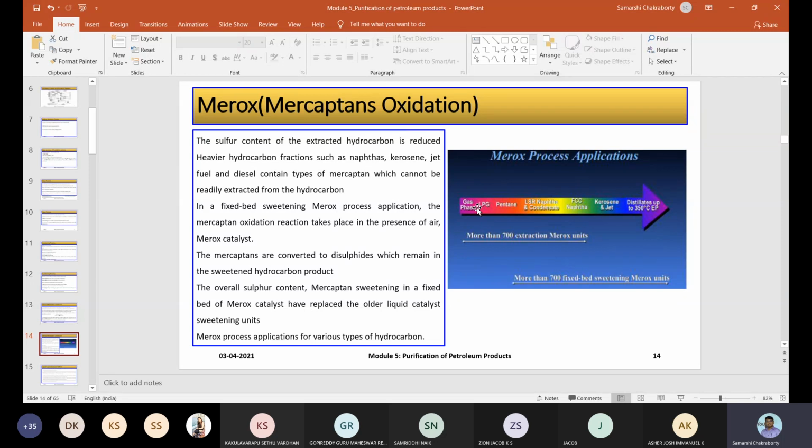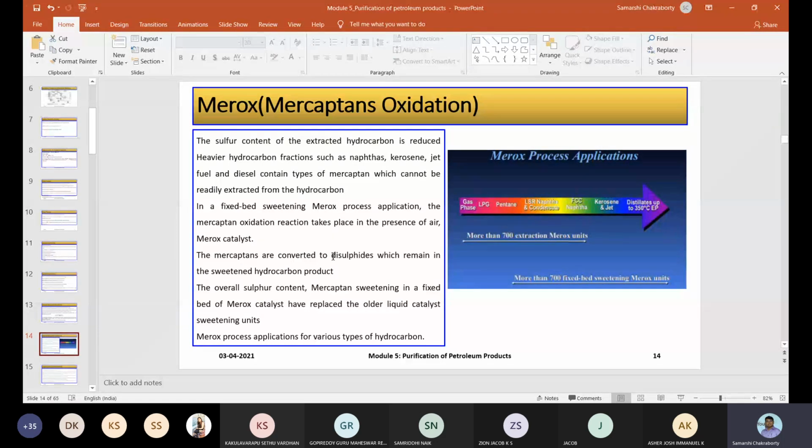Sulfur content of the extracted hydrocarbon is reduced. Heavier hydrocarbon fractions such as naphtha, kerosene, jet fuel, and diesel contain types of mercaptan which cannot be readily extracted from the hydrocarbon. In a fixed bed sweetening Merox process, the mercaptan oxidation reaction takes place in the presence of air and Merox catalyst.